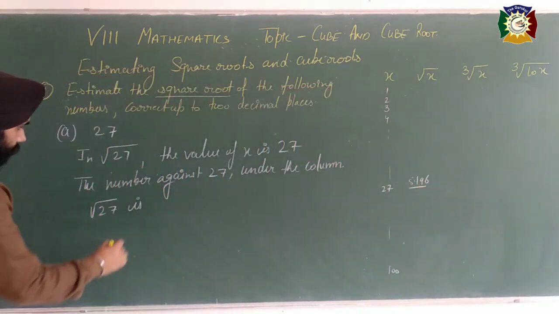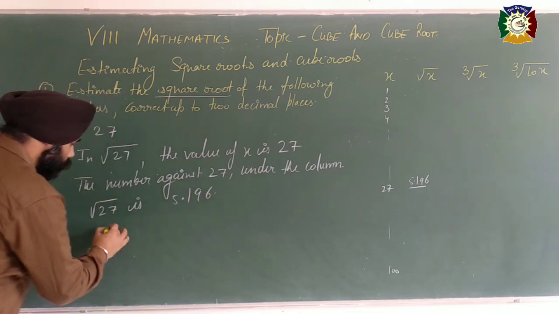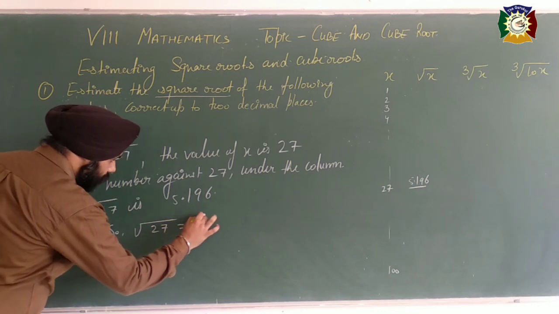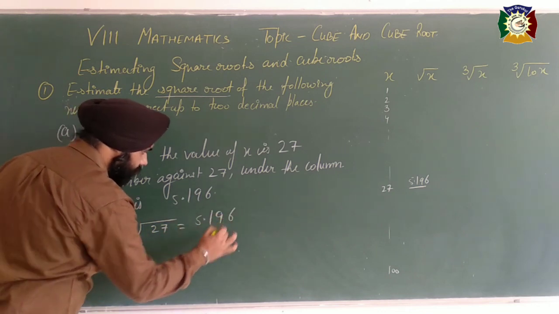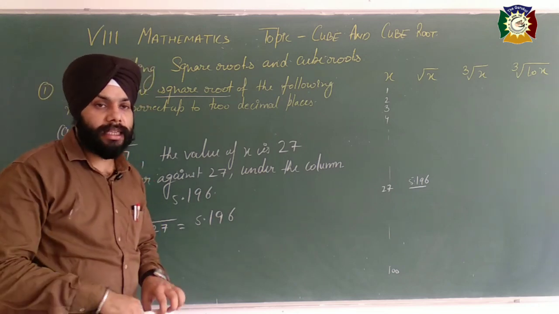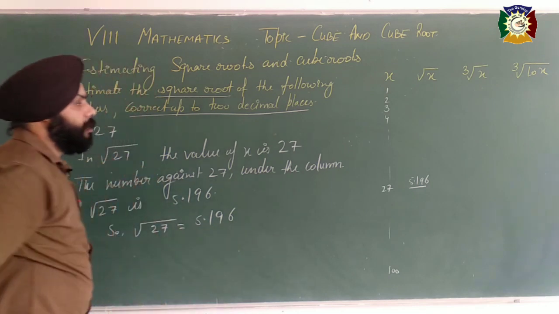The square root of 27 is 5.196. But this value is up to 3 decimal places, and we have to correct it up to 2 decimal places.